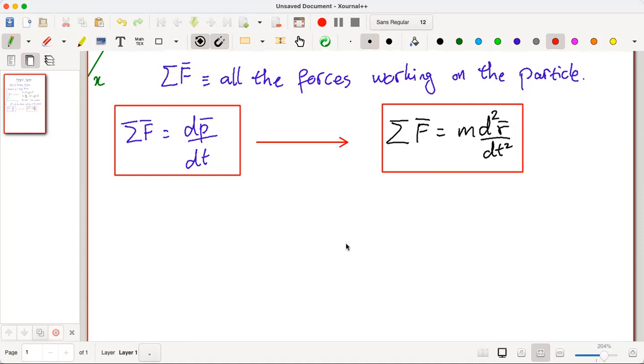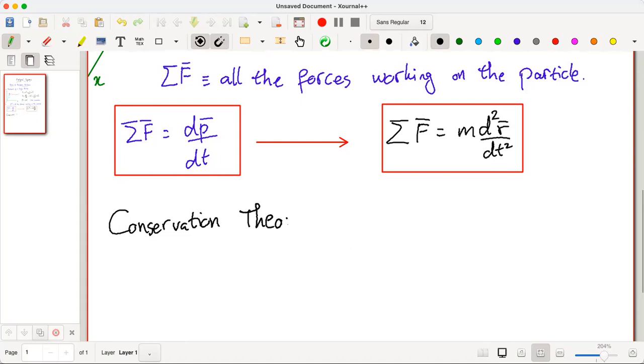Okay. Now I'm going to talk about the conservation theorem here. I'm going to go back to this type of equation many times, so don't worry.